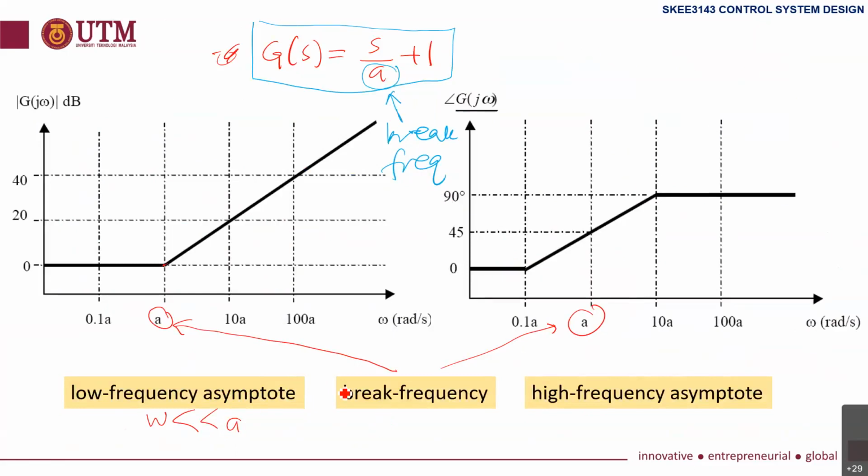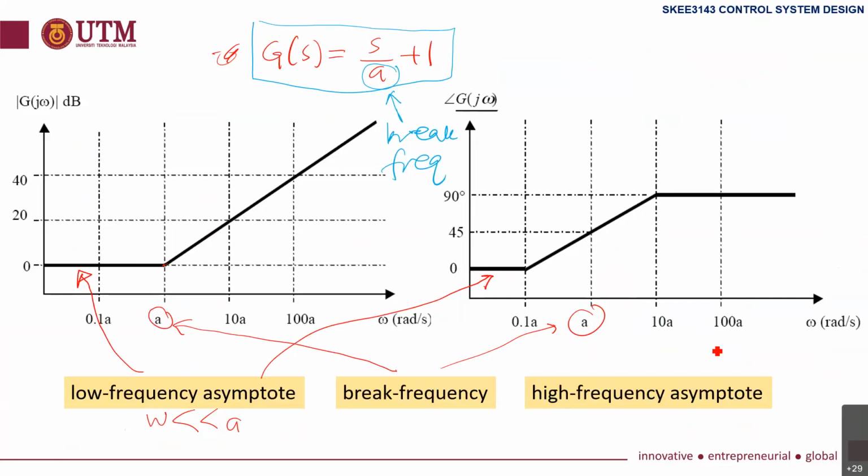Low frequency asymptote is this part, the part below A, and also this part for phase. So when people say low frequency asymptote, that means below A, below the break frequency.